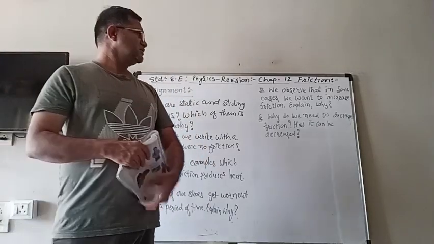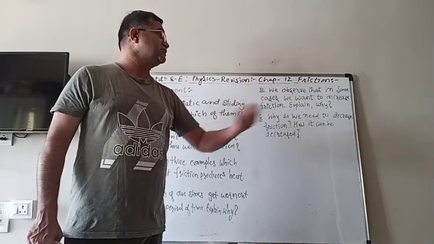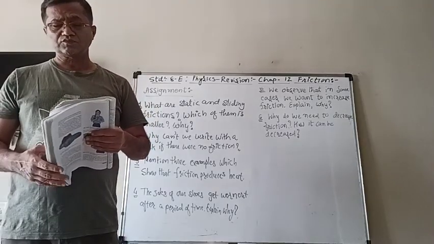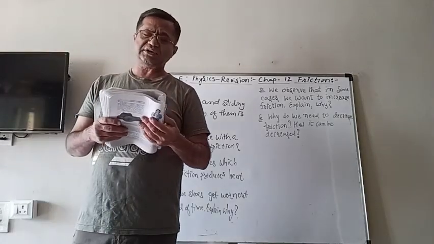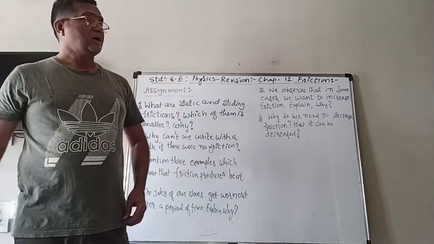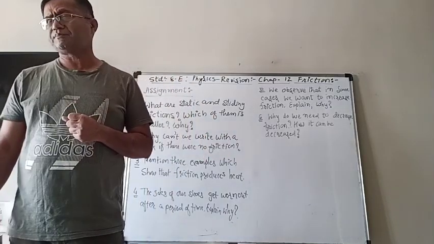Now we observe that in some cases we want to increase friction. Let me explain why. In some situations we need to increase friction, sometimes for better performance, better grip.